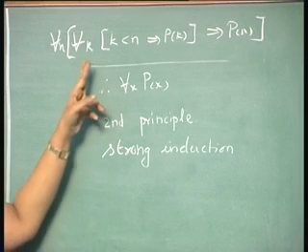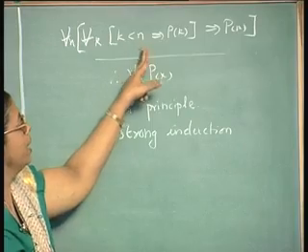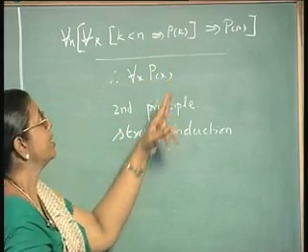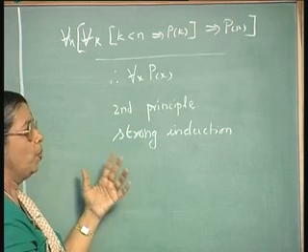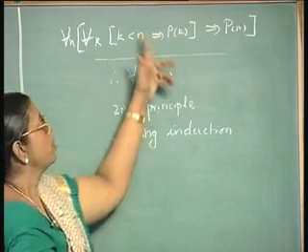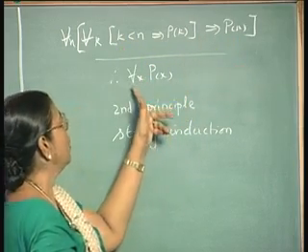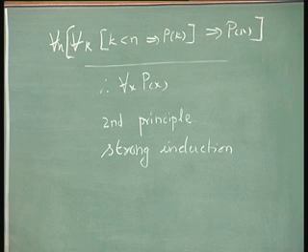So, what you do is: for all k, if k is less than n, then Pk is true. That is, P1, P2, P3 up to Pn minus 1 are true. Making use of all these facts, you prove that Pn is true, and from this you can conclude for all x, P of x. Now, in this case you need not write P0 separately.